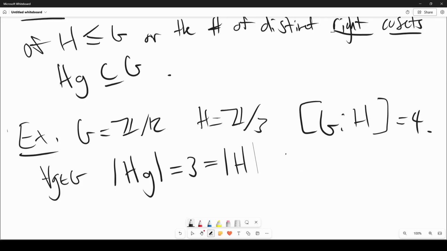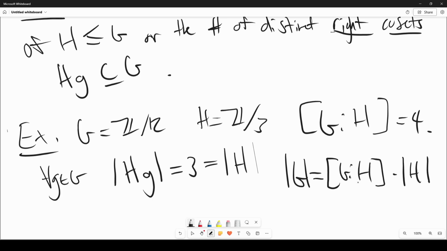This is like saying the size of the group equals the index times the size of H. There's 4 cosets, each coset has size 3, so 4 times 3 is 12, which is the size of Z mod 12.